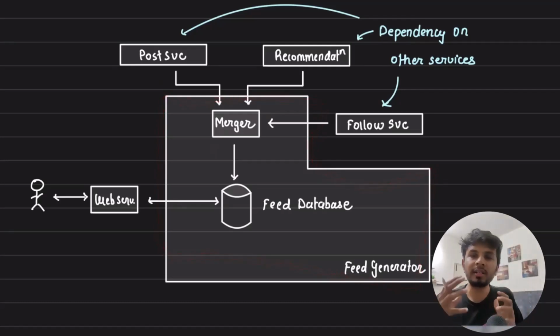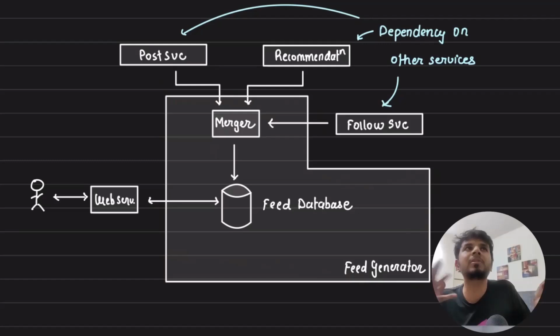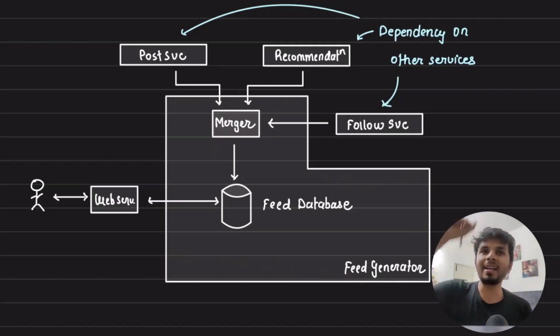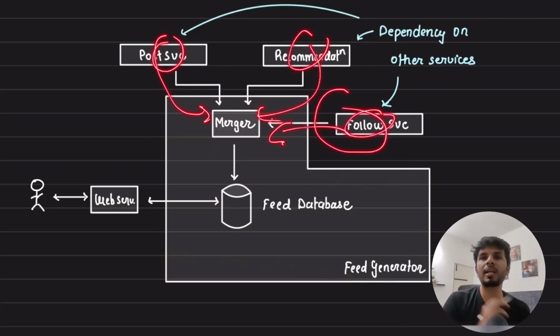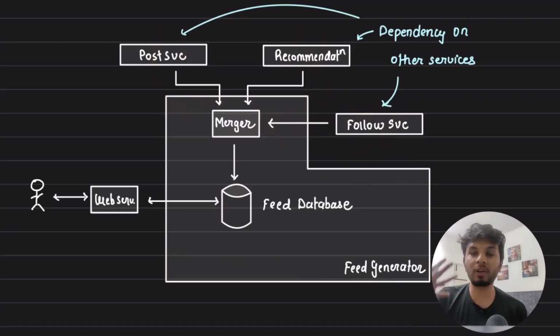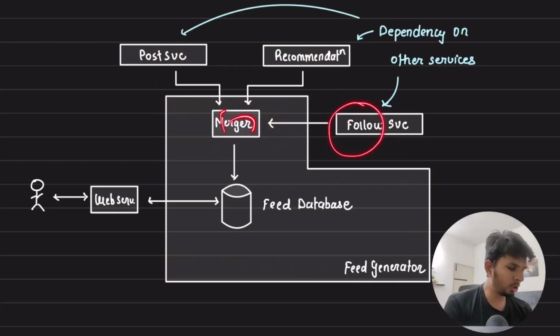So a generator itself consists of 2 or 3 components, or other subcomponents, right? And it needs interaction from, let's say, the post service, recommendation service, and follow service. For a feed generator to generate a feed, it needs to know who you follow.